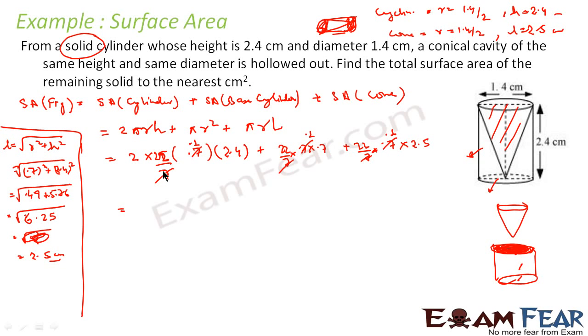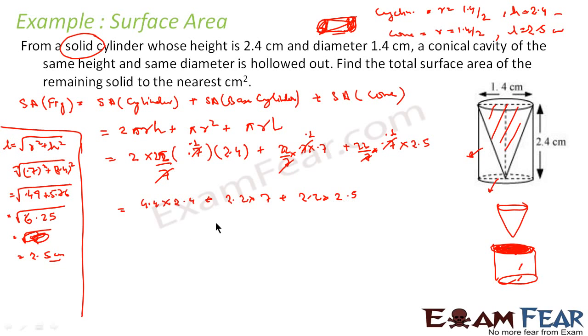So if you solve this, this comes out to be 22 into 0.1 is 2.2, into 2.4, plus 22 into 0.1 is 2.2 into 0.7, plus 22 into 0.1 is 2.2 into 2.5.